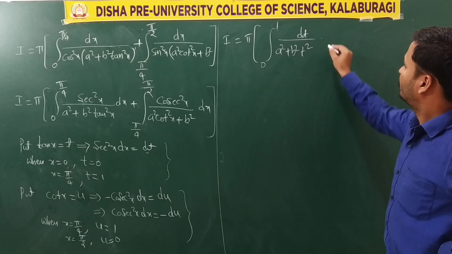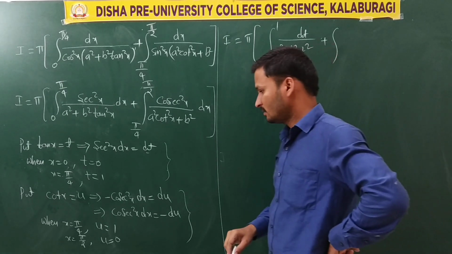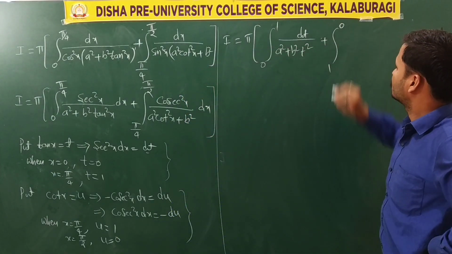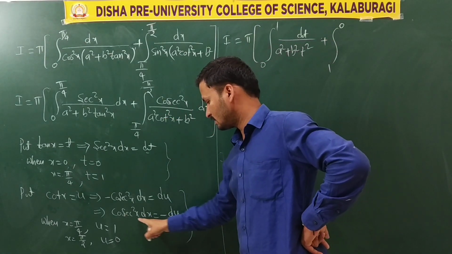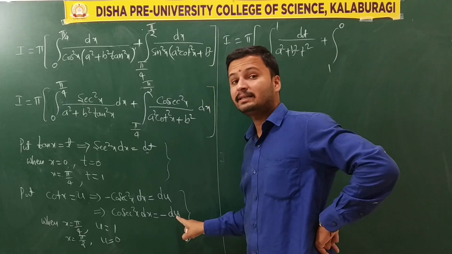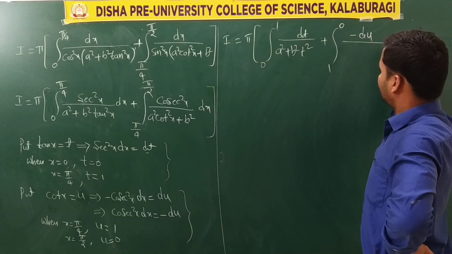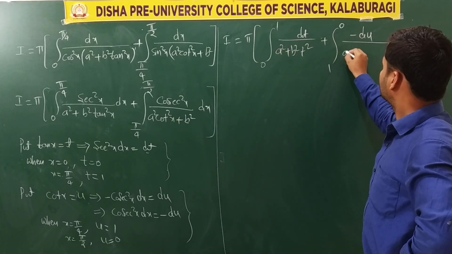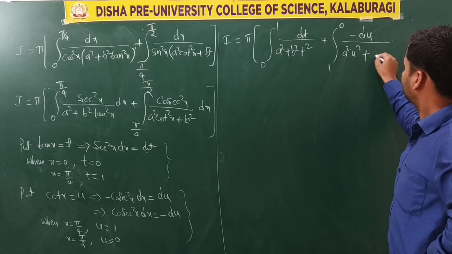Plus the next integration with limits 1 to 0, cosec square x into dx is minus du, divided by a square cot square x, which is u square, so a square u square plus b square.